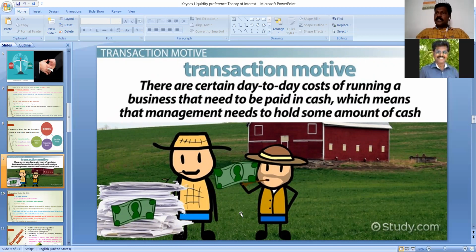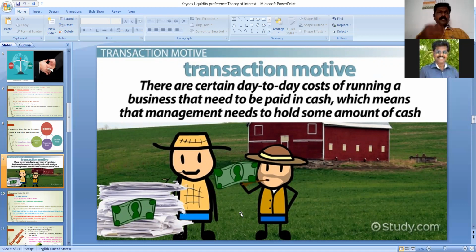It is the money we need for daily exchange purposes, because we receive our income on a monthly basis. So we need some money for our day-to-day expenses. So I think you are all able to understand that the transaction motive depends upon the level of income.